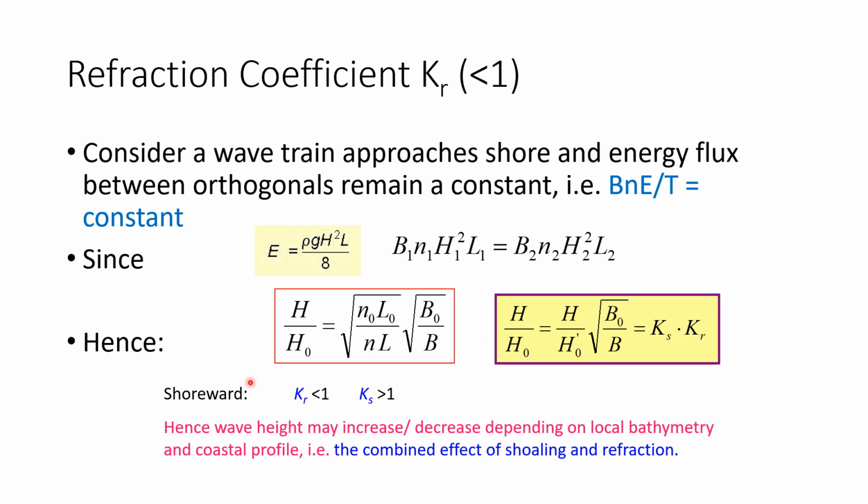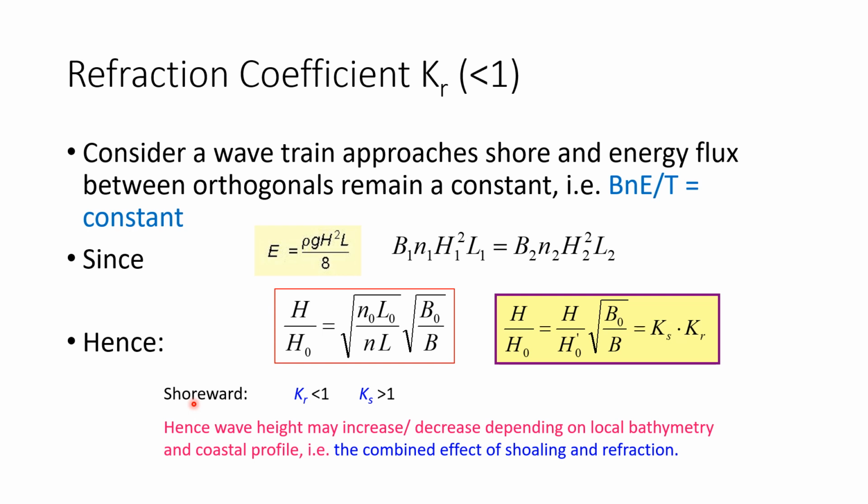As the wave moves shoreward, we know that the shoaling coefficient tends to become larger than 1 in the shallow water region, but generally the refraction coefficient is likely to be less than 1.